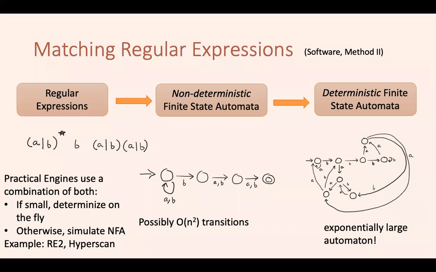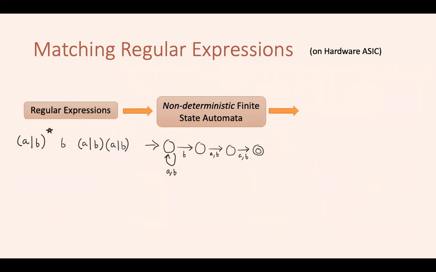Some well-known engines which do this are RE2 and Hyperscan. RE2 is a regular expression matching engine by Google. There are some nice articles written by a person named Russ Cox about implementation of regular expression matching engines, which are quite nice. And Hyperscan is software by Intel.